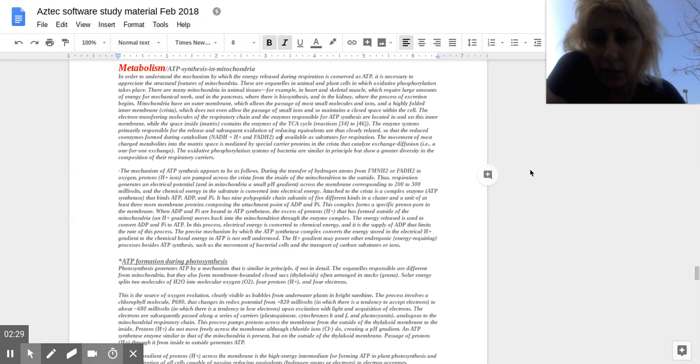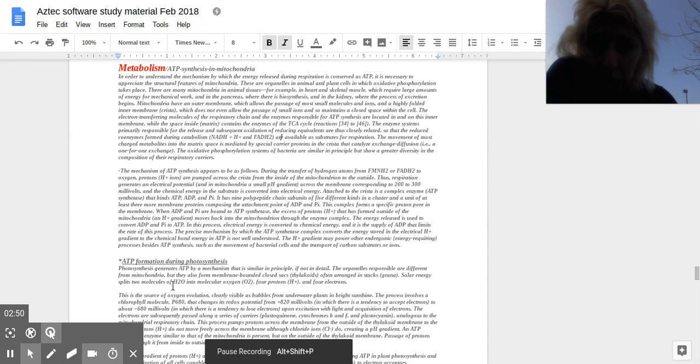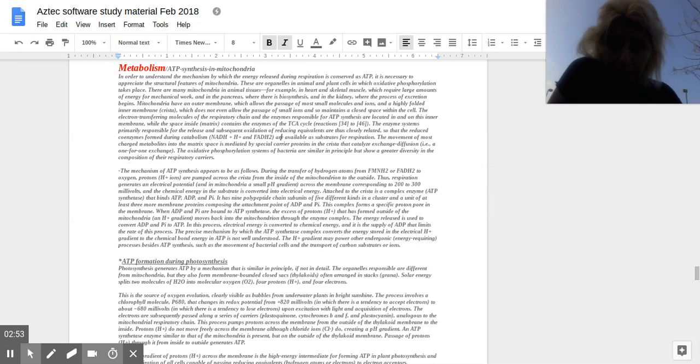The oxidative phosphorylation systems of bacteria are similar in principle, but show greater diversity in the composition of their respiratory carriers. The mechanism of ATP synthesis is the following. During the transfer of hydrogen atoms from FMNH2 or FADH2 to oxygen, protons, H plus ions, are pumped across the crista from the inside of the mitochondria to the outside.